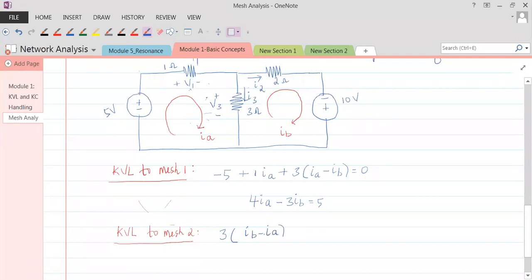That is why it is IB minus IA plus 2 IB. I should not write 2 I2. No, I have to write all my equations only in terms of the mesh current. So it is 2 IB. Then comes this voltage. It is having minus sign when I'm approaching, so it is minus 10 volts equal to 0.